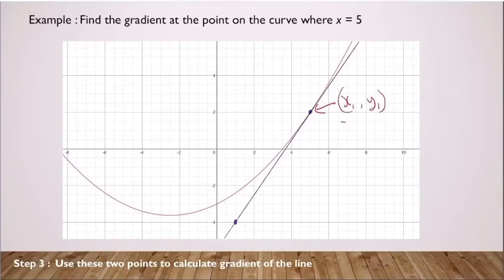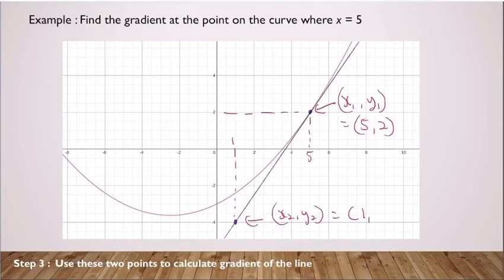If you read carefully, x1 is 5 and y1 is 2. As for this point, x2, y2. The x2 is 1. The y2 is -4.